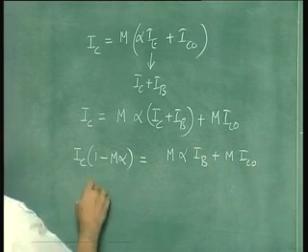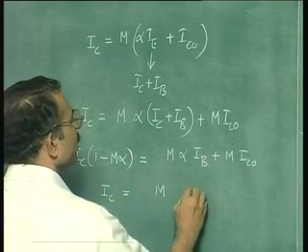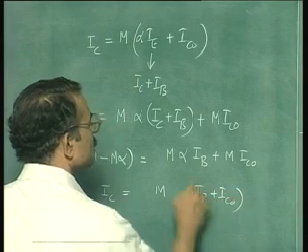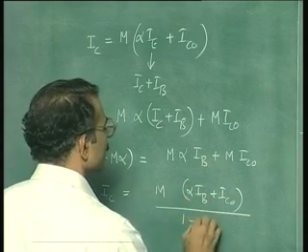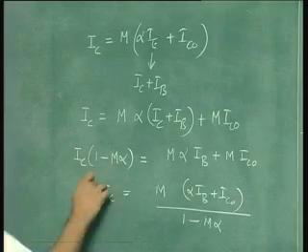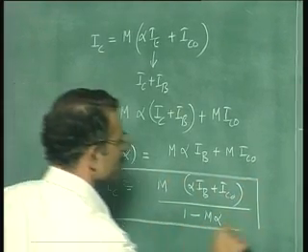In other words, IC is equal to M into alpha IB plus IC naught divided by 1 minus M alpha. Okay? So this is your equation for IC in the presence of multiplication.